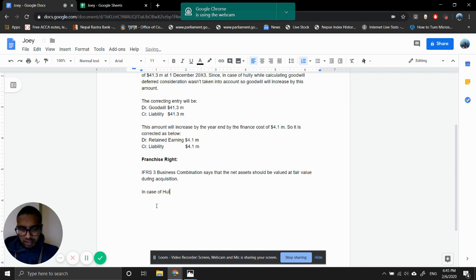In case of Hulp, fair value of net assets has increased by $20 million, which is basically $980 minus $960, right?